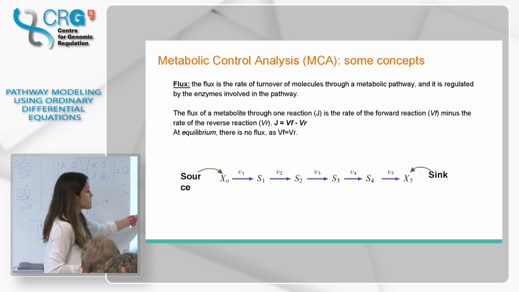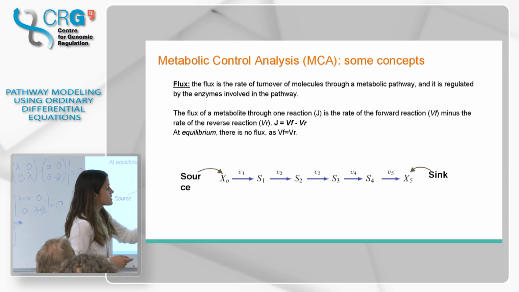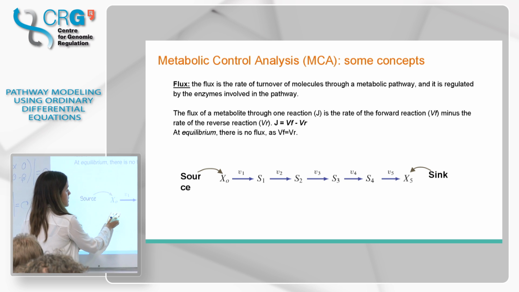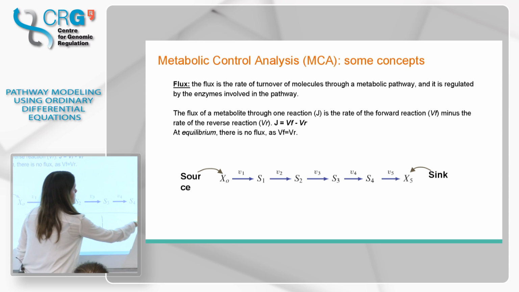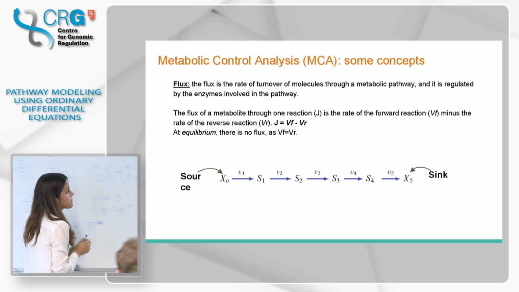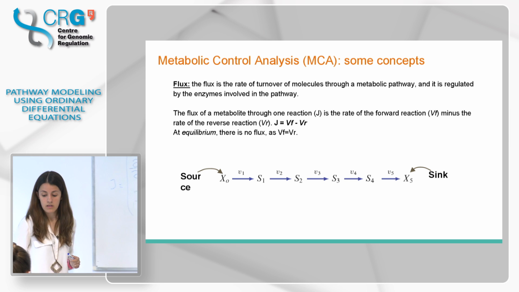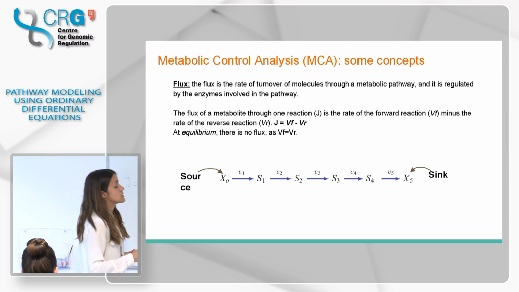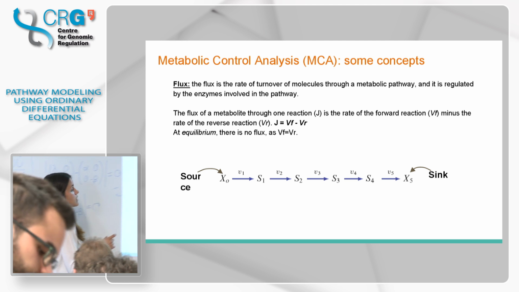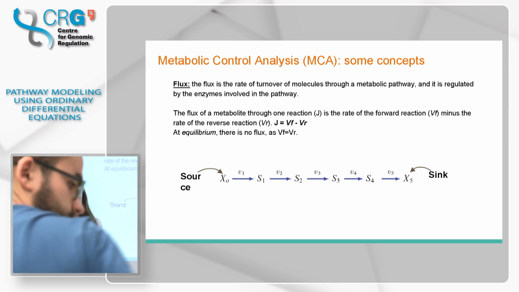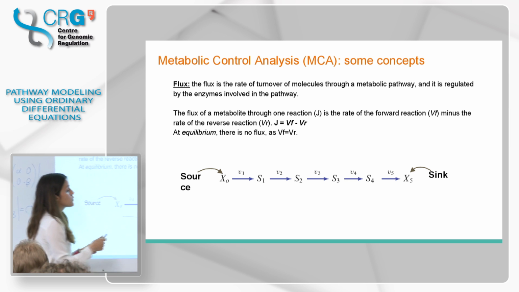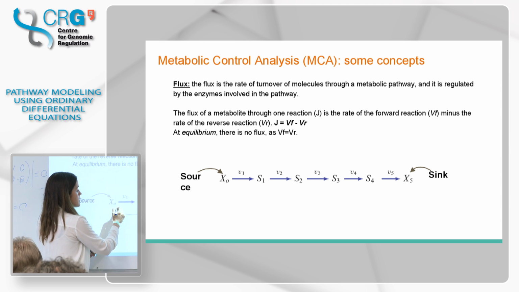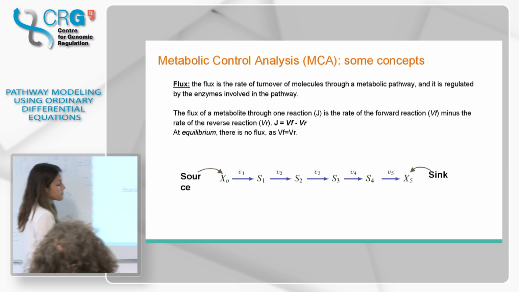In this case, we have a linear pathway with a source and a sink with different intermediate steps. So the flux would be the rate at which molecules are going through this pathway. What we want to do with metabolic control analysis is to identify which are the reactions that have the largest influence on this flux, which are the reactions that if I increase the rate, I'm going to increase the flux over the whole pathway.